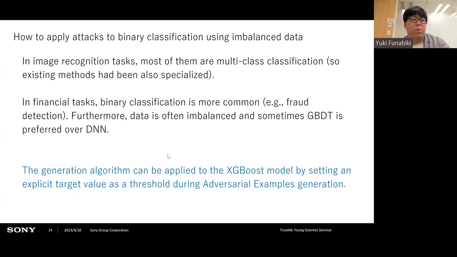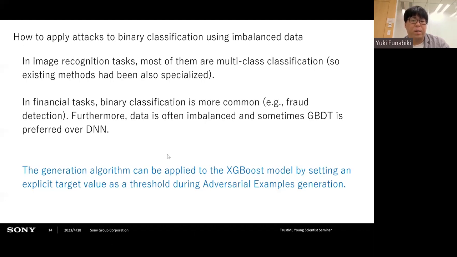Furthermore, data is often imbalanced. In 10 or 100 class classification, the distribution of each class is very similar, but in fraud detection, for example, benign inputs are many and many, but fraudulent inputs are tiny in number. Such data imbalance can affect adversarial examples.